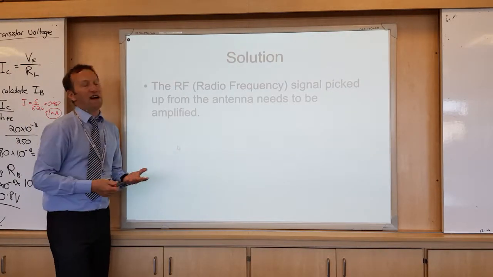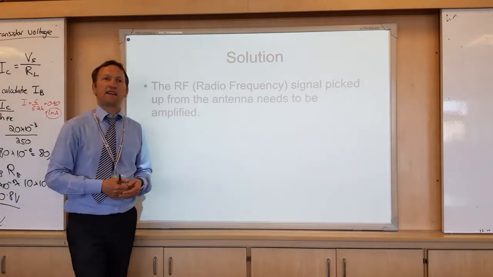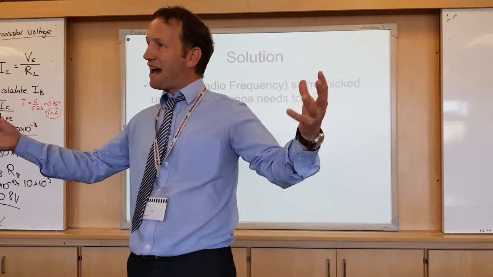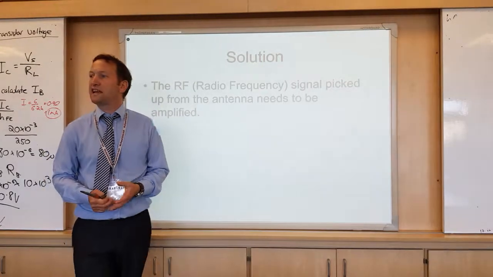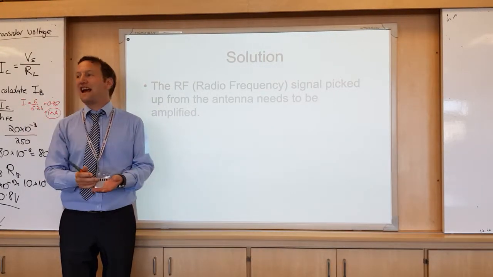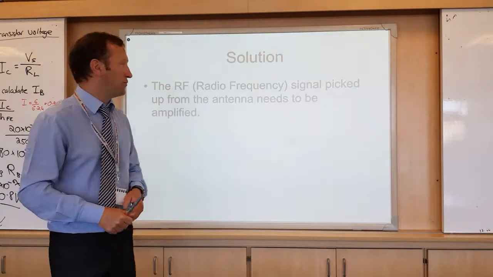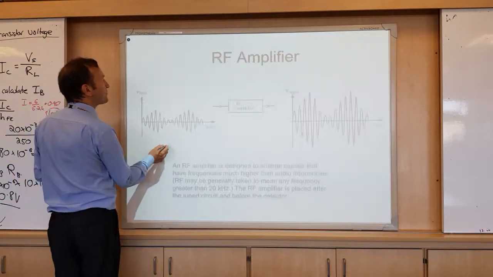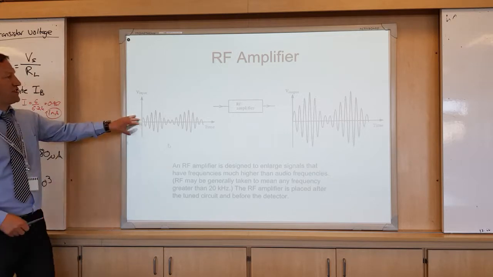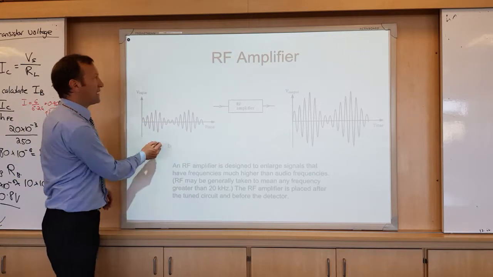We need to amplify, therefore, the signal that's coming in. To make it more sensitive, we need to basically amplify the radio signal that's coming in to give it a higher voltage. Then it will get past the detector, the diode and so on, and you'll be able to pick up more distant stations. So we can actually boost it using something called an RF amplifier.